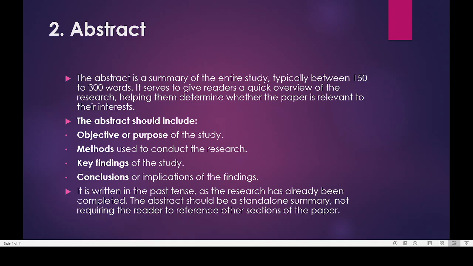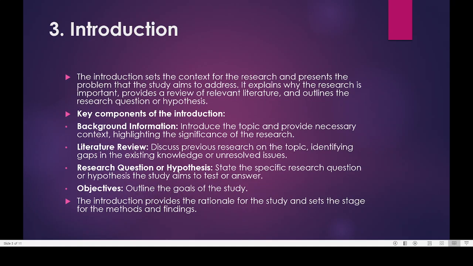You don't need to turn the pages and see that this is in the results, this is in the methodology. We should not compel the reader into that. By simply reading the abstract, the reader should be able to understand the main idea or main findings of the paper.